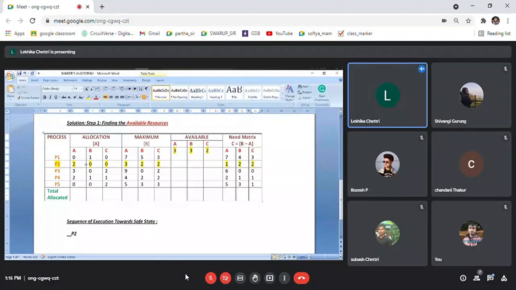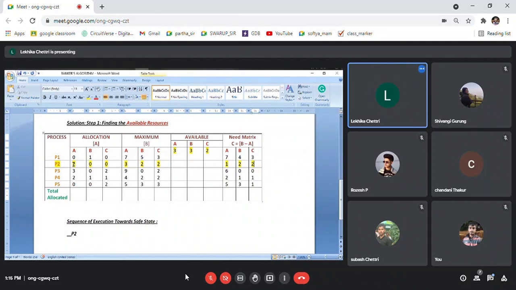See here, P2 was allocated the maximum. If P2 needed 1 2, okay, so P2 was given 1 2. So let's consider it has now completed its task. So after 1 2, P2 will release this resource. It has hold 200.